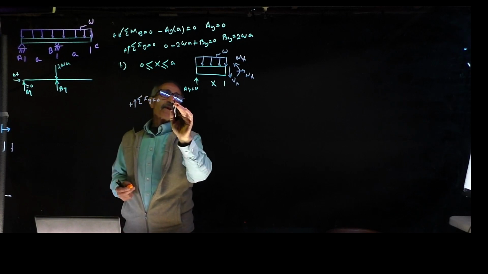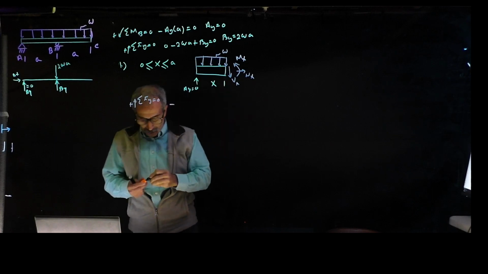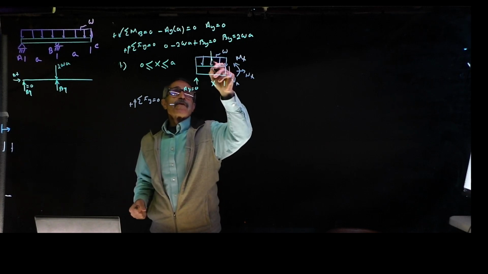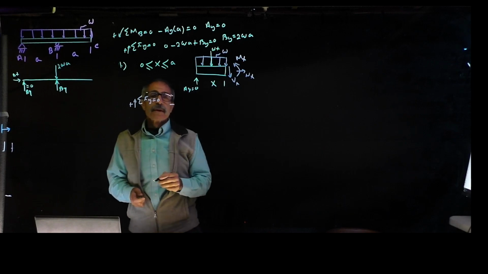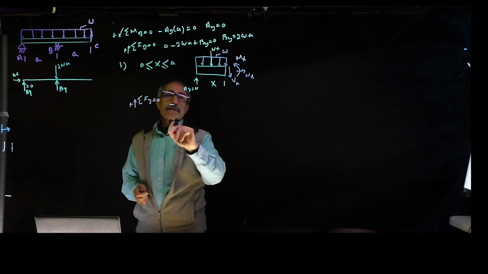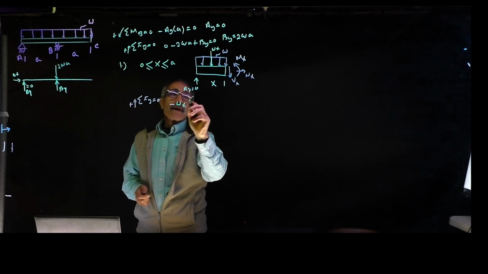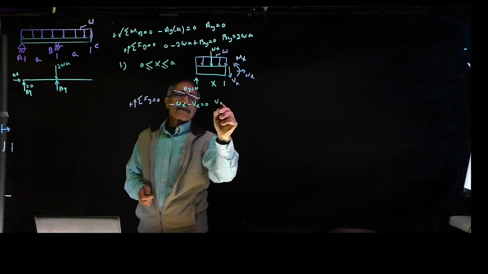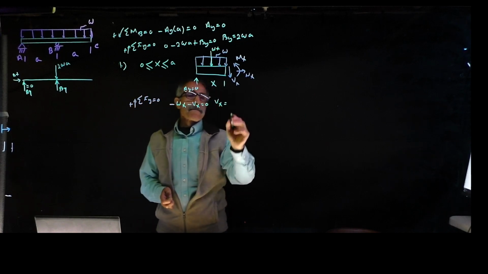I'm going to have 0 minus, we can replace this with 1/4, and that's going to be w times x. So minus 0, then minus wx, and then minus Vx equals 0, so Vx comes out to be minus wx.